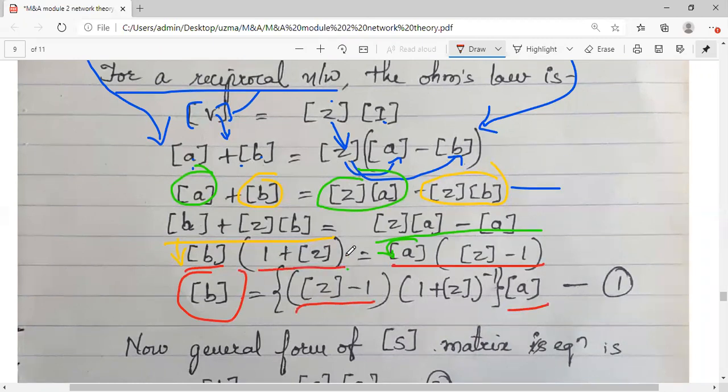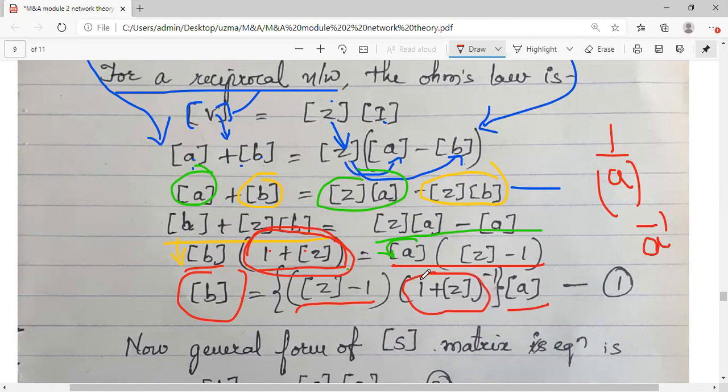This term, if I take it to the other side, it will come into the denominator. It is something like 1 by A. How have I written it? I have written A inverse. Both are the same. So 1 plus Z, I have written here as 1 plus Z inverse. Inverse indicates it is in the denominator.